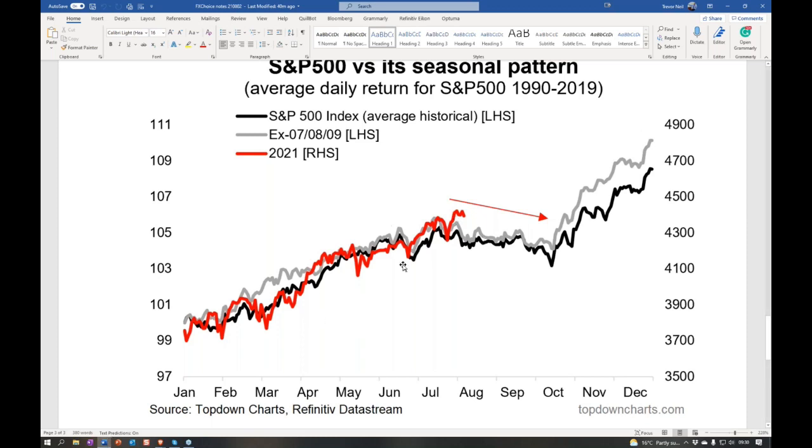So averaging each day's movement, percentage up and down, gave us this pattern. The market went up every year, but what it had was a very distinct seasonal pattern, which we're starting to go into now. The gray one is the same line, but excluding the year of 2009. 2009 was exceptional, and it exaggerated the black line here, made it much lower because of the one year being so much worse than everything else.